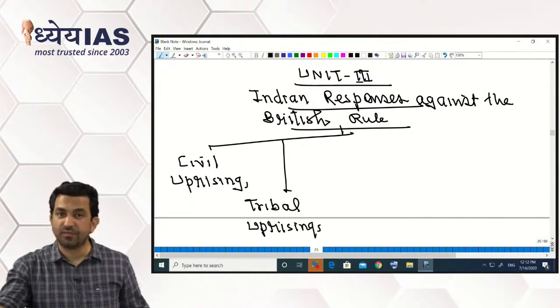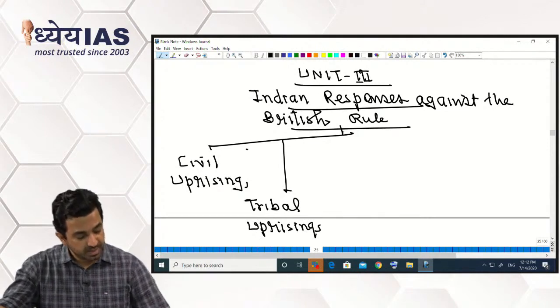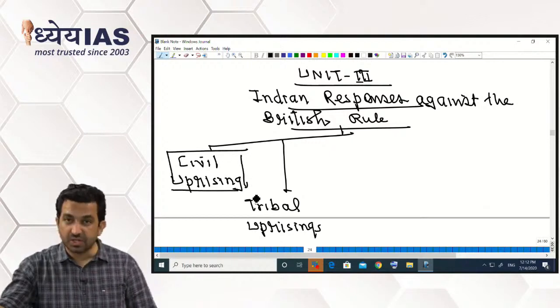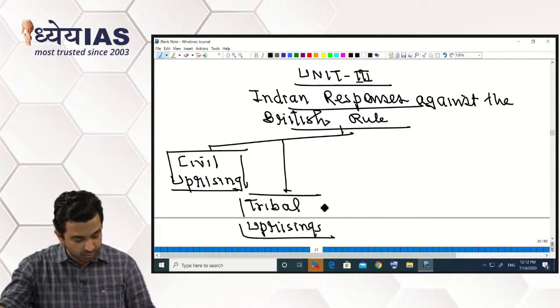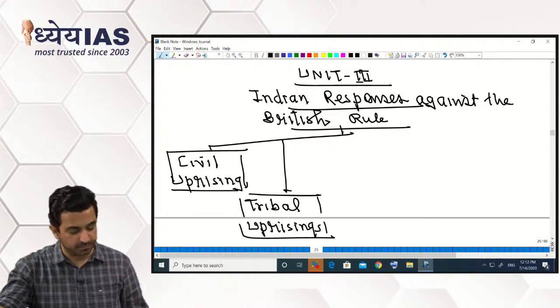When the Indians were fed up of the British rule, they raised the banner of revolt. So civil revolts fostered by the civilians, tribals were also engaged in organizing several revolts against the British rule.